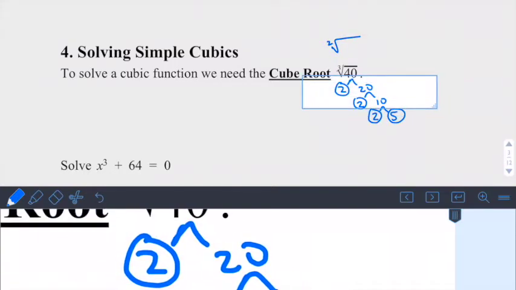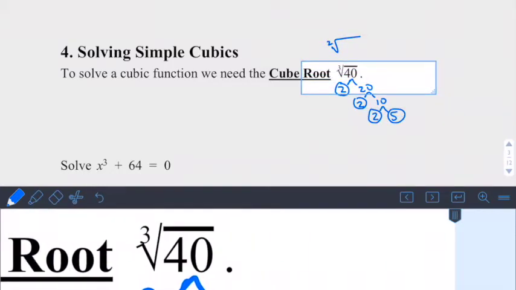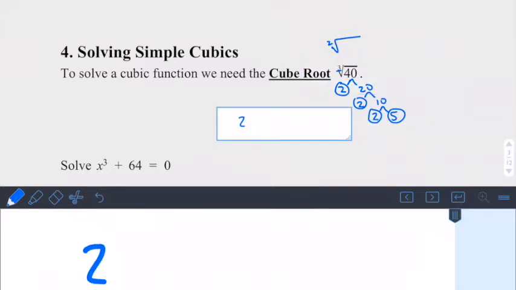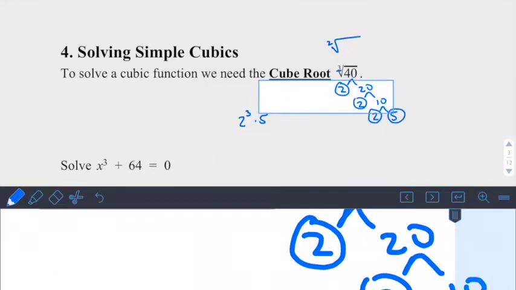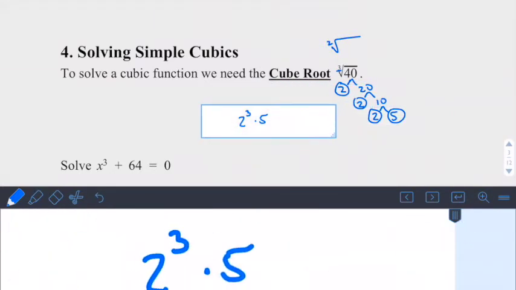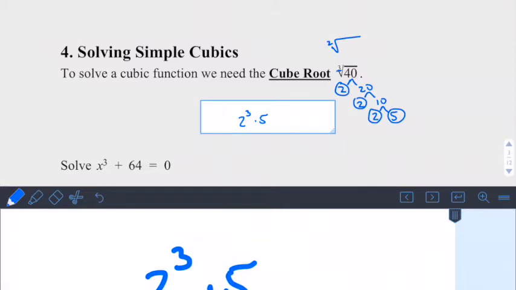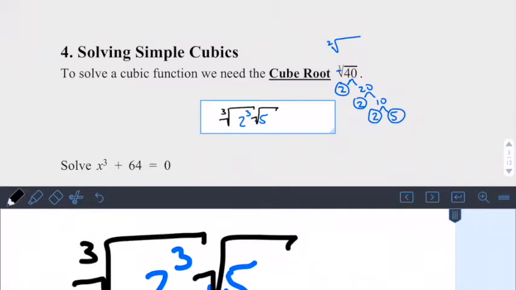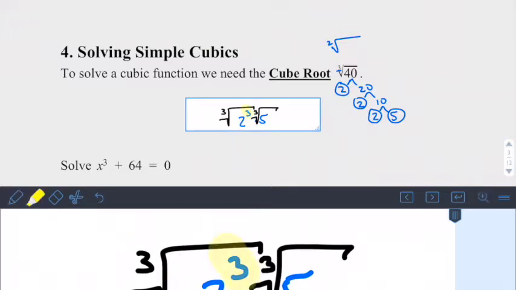So I'm going to rewrite these in triples this time because I'm looking for triples. So this is 2 cubed times 5, right? 2 times 2 times 2 with a 5 left over. And when I do my cube root, a cube and a cube root will cancel each other out, which makes sense from before, right?